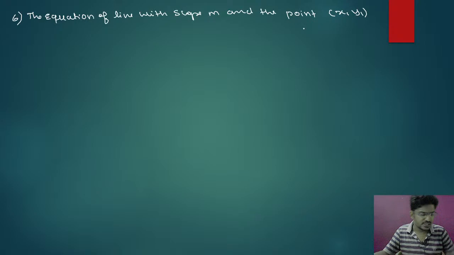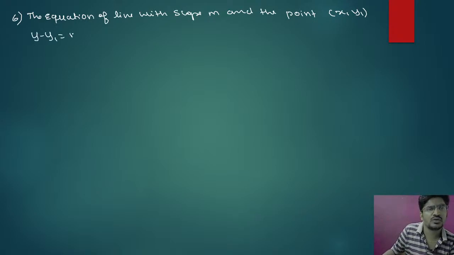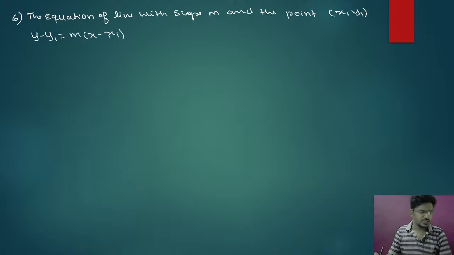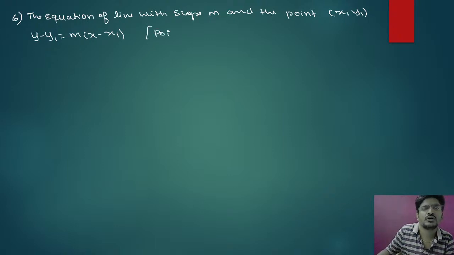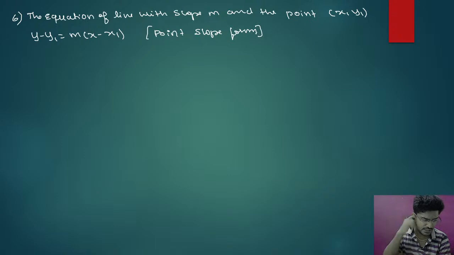So quickly you can see the equation will be y minus y1 equal to m into x minus x1. So I think some of you remember this. That is the equation of line having slope m and the point x1 y1. That is point slope form. We call it point slope form. That is y minus y1 equal to m into x minus x1.